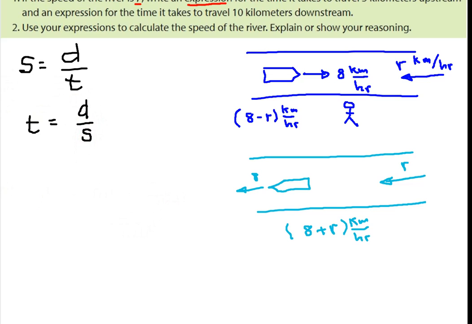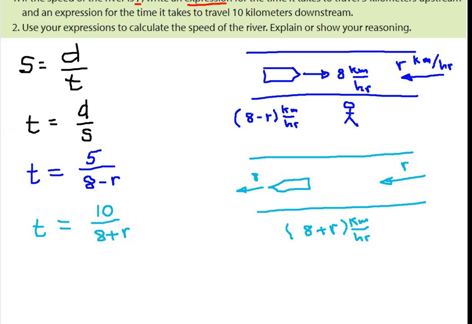So in the first case here, the time it takes to go 5 kilometers upstream is 5 divided by 8 minus r. And the time it takes to go downstream is this distance, 10, divided by 8 plus r.